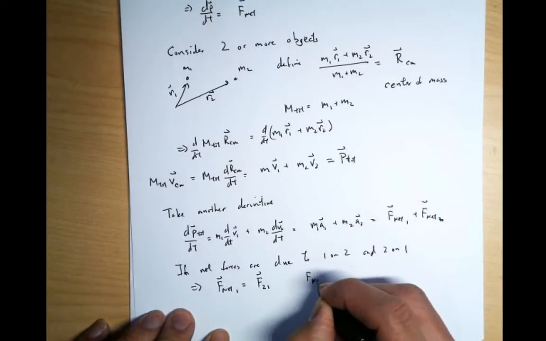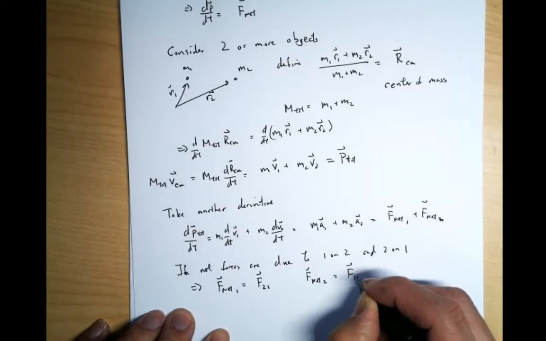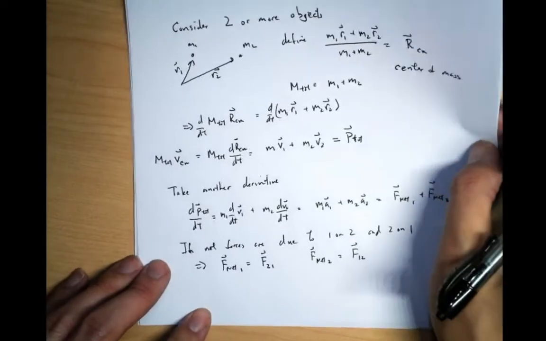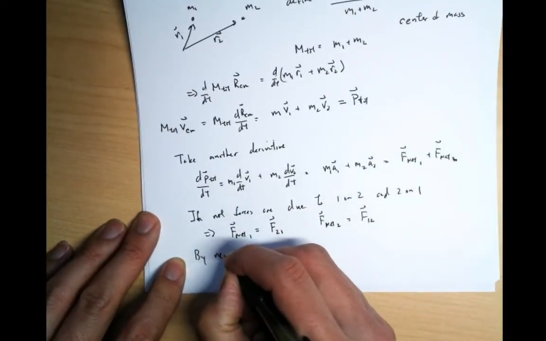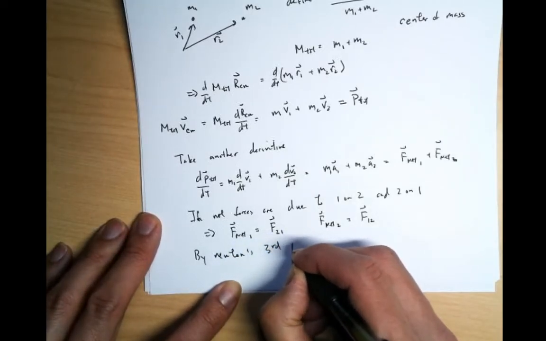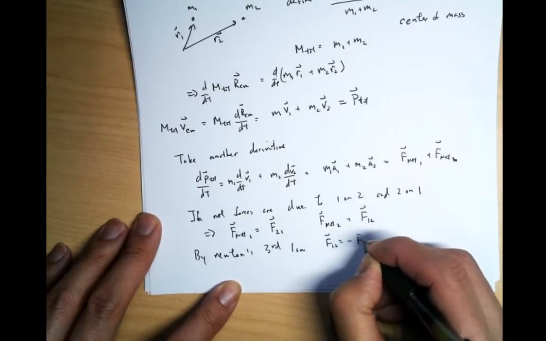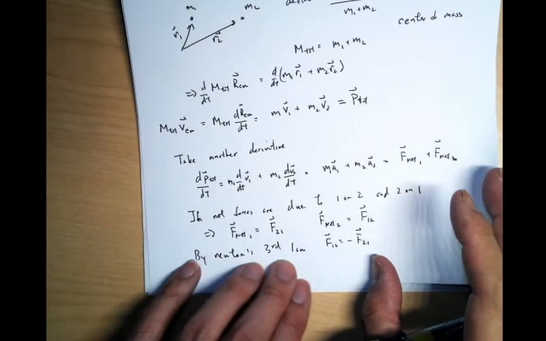F net on 2 is equal to the force that 1 exerts on 2. All right. Then what we have is by Newton's third law, F of 1 on 2 is equal to minus F of 2 on 1, right? That's just Newton's third law, okay?